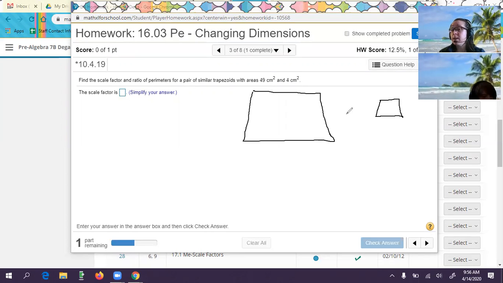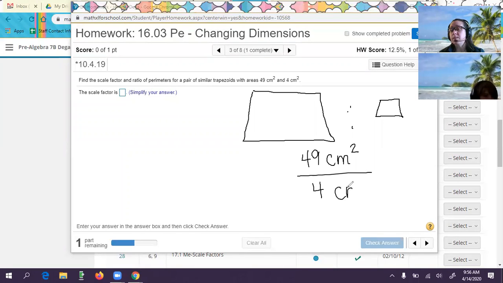They're comparing them by making a ratio: every 49 square centimeters of the first one compared to 4 square centimeters of the second one.